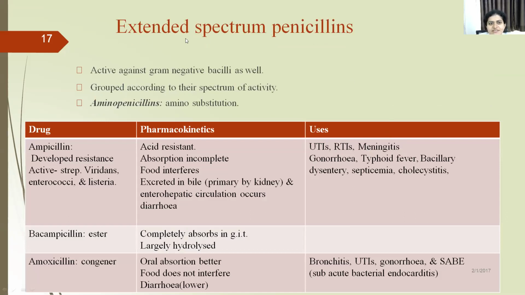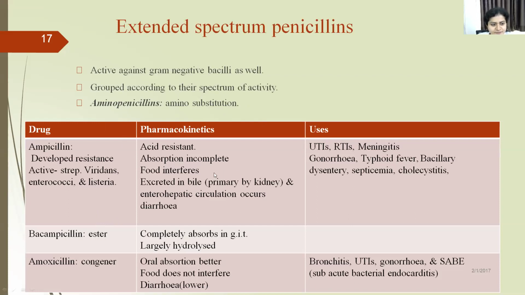So remember, it is called extended spectrum because they are effective against gram-negative bacilli as well. Ampicillin, amoxicillin, bacampicillin, and talampicillin are all called aminopenicillins. They have an amino group in their chemical structure.